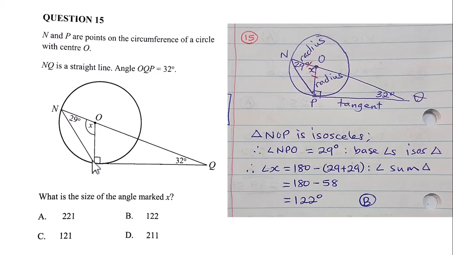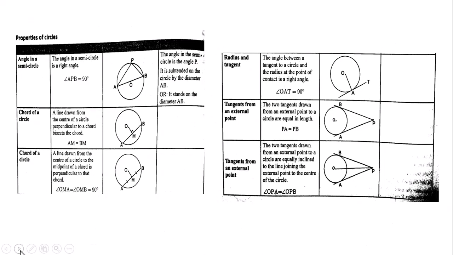Alright, if we can recall our circle theorems from last year, grade 9. Oh, it's right here. This circle theorem says that the radius and a tangent meet at 90 degrees.